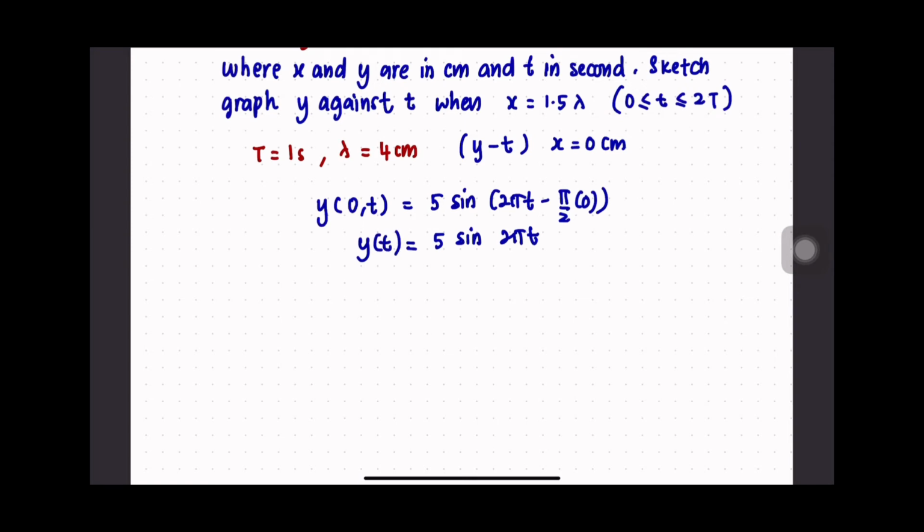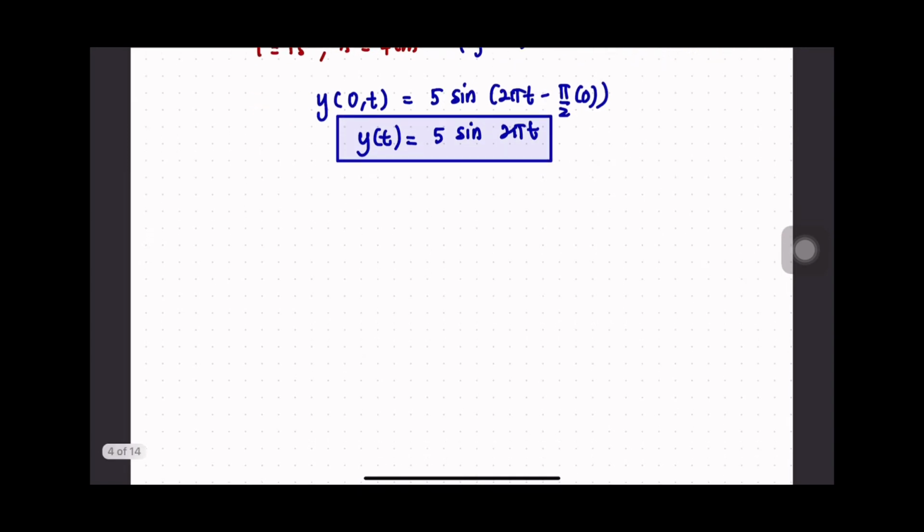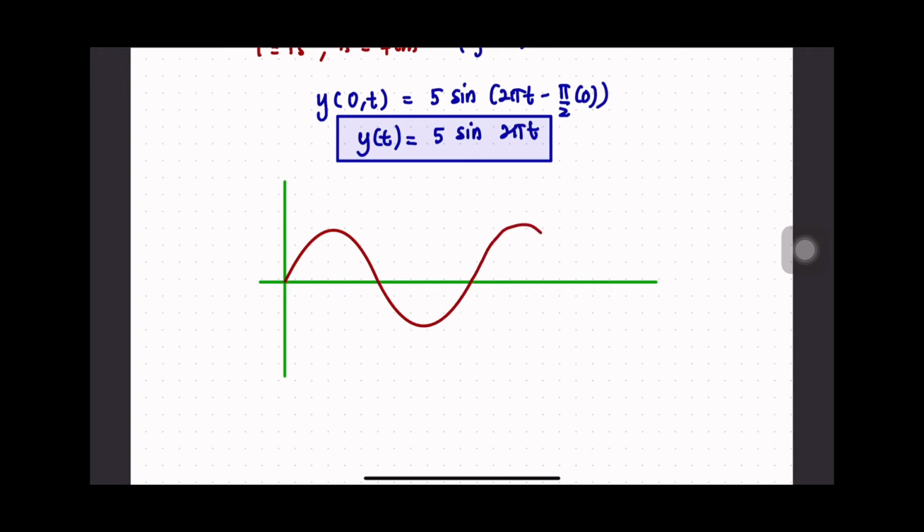Okay, so this is the graph that we will draw first, the basic graph, because we want to know which graph has to be shifted. Okay, so 5 sin 2 pi t. So this graph is represented by a sine graph. So the sine graph should be like this. But 2 times.